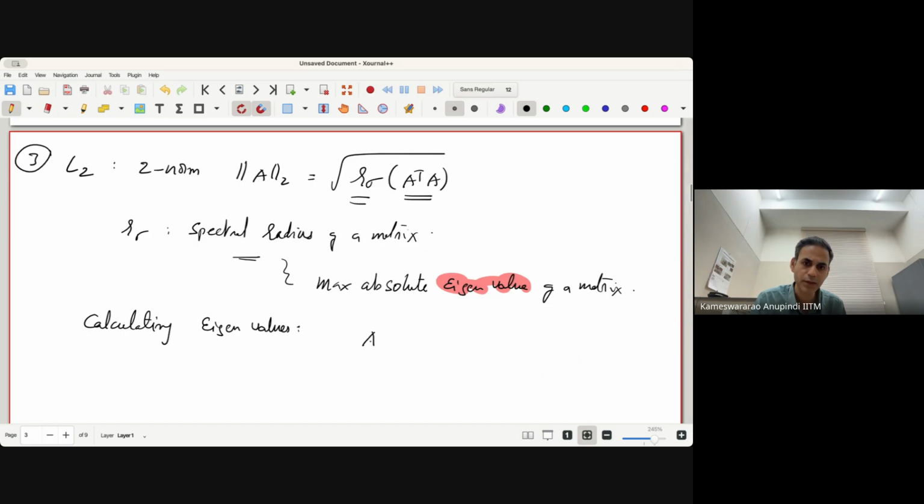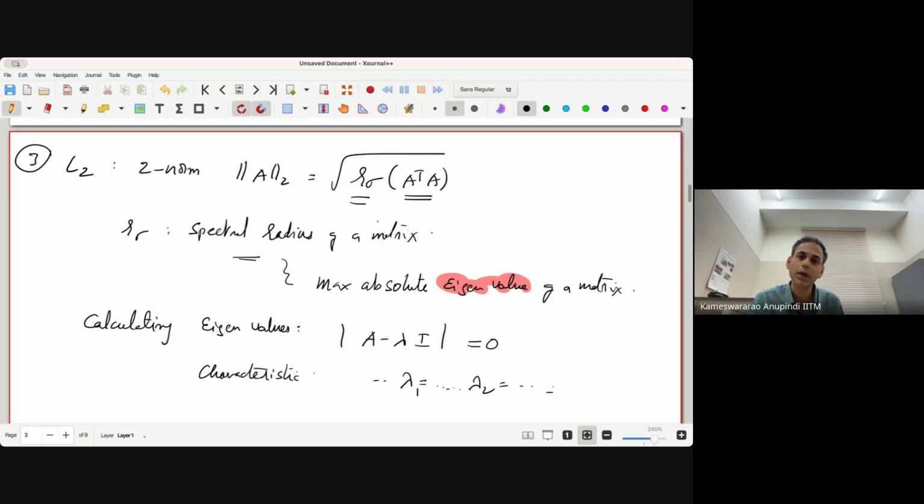Let's say a matrix is given, then you say that the determinant of A minus lambda I equals 0, and that's going to give you a characteristic equation. If you solve that characteristic equation, it's going to give you the values of lambda 1, lambda 2, and so on. Then you take the maximum absolute value out of all these, plug it in, and take a square root of that. That is going to be your 2 norm.